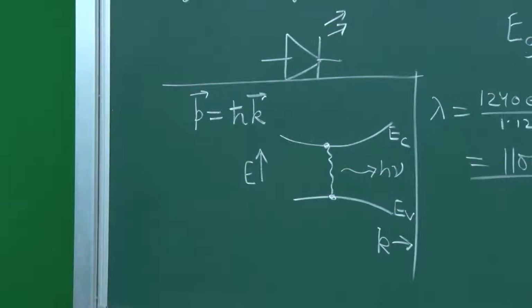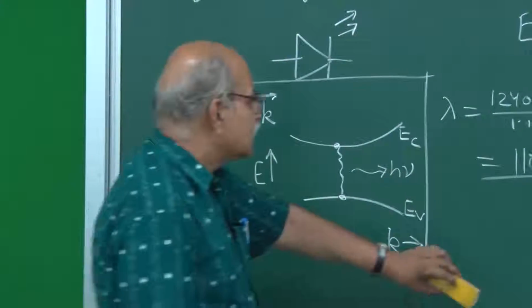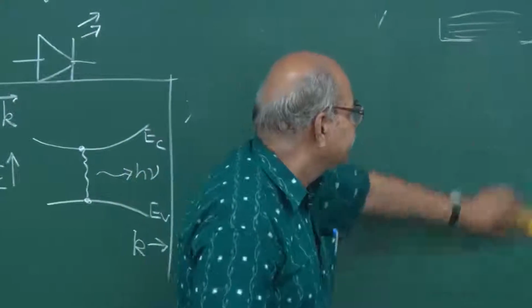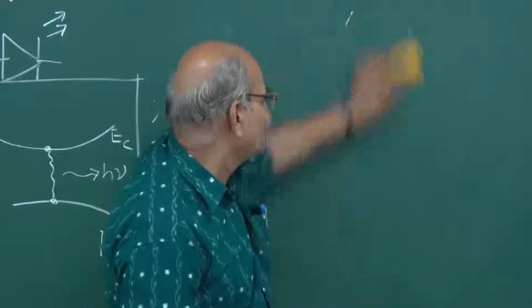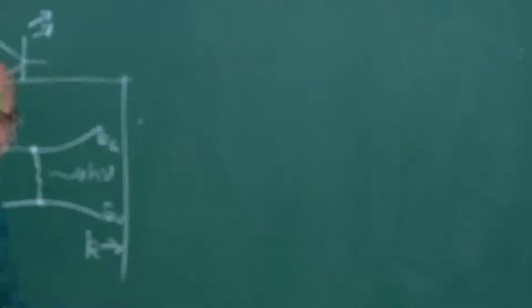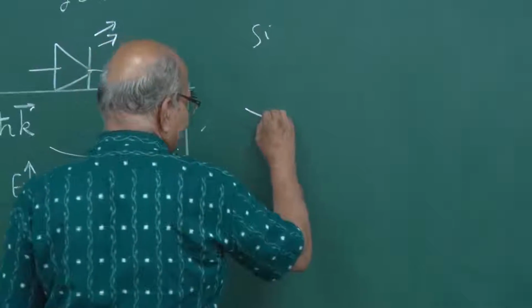The silicon band diagram is a little bit different. How does it look? For silicon, the band diagram looks something like this.